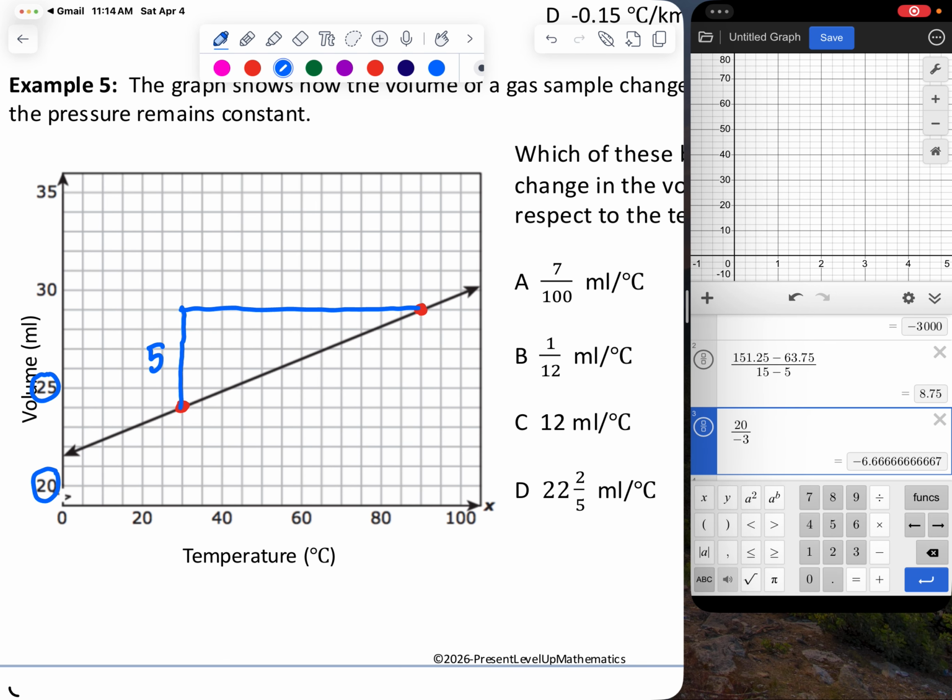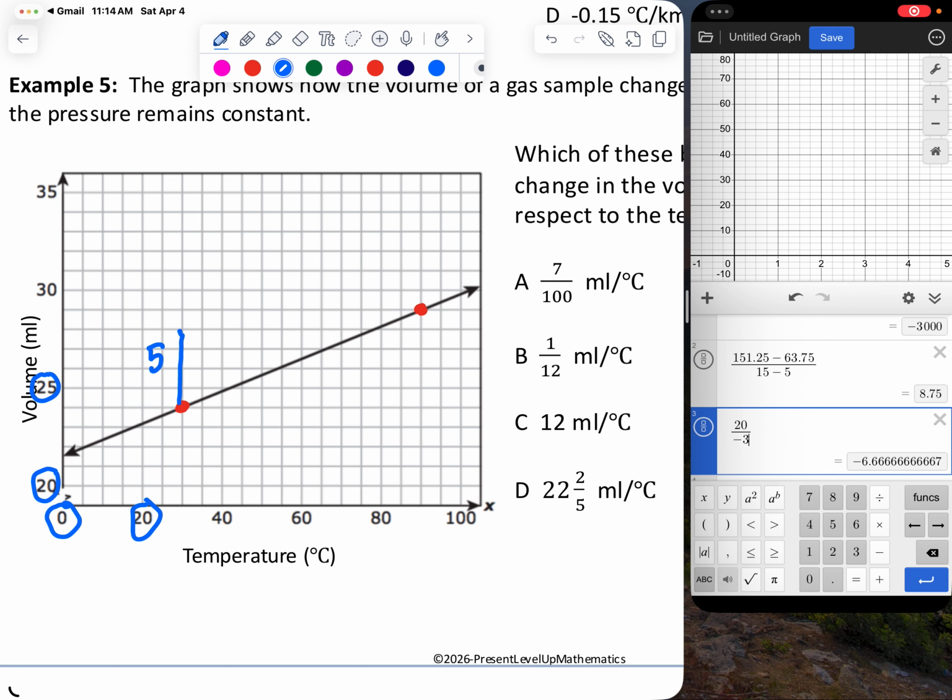All right, now let's see what the x is scaled by. Our first value is 0, and our second value is 20. So it cannot be going over by ones. All right, is it going over by twos? 2, 4, 6, 8. No, twos is not big enough. How about fives? 0, 5, 10, 15, 20. Yes, we're going by fives. So this would be, oh goodness, what did I just do here?